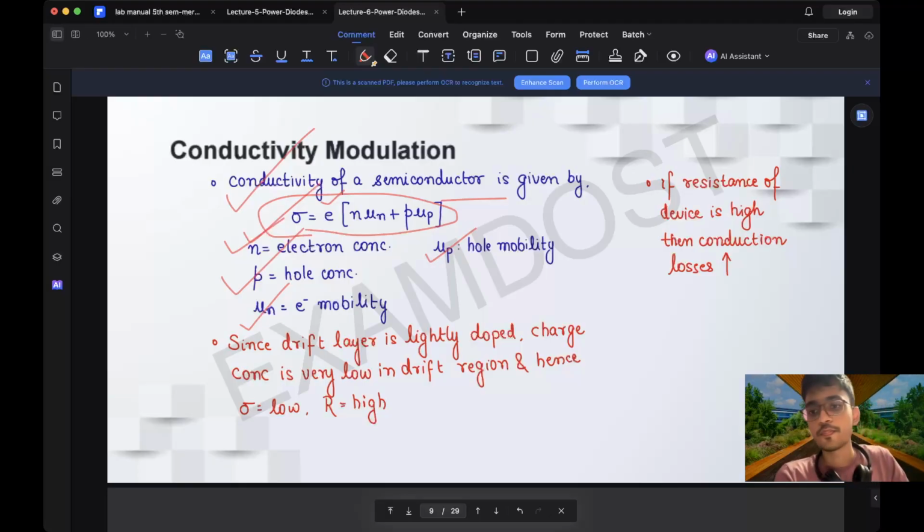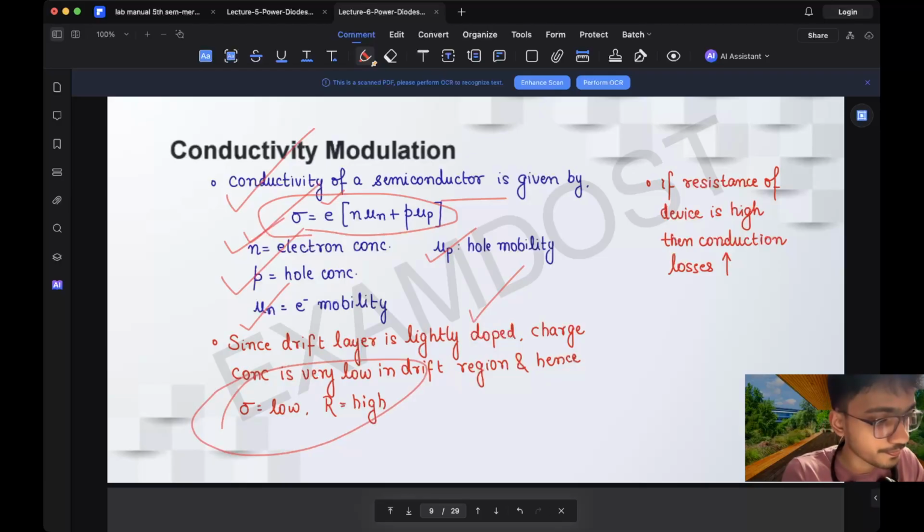Okay. Now, since the drift layer is lightly doped, charge concentration is low in the drift region, and hence sigma is low and R is high. So what is happening? The drift layer has low concentration of charges. Got it?